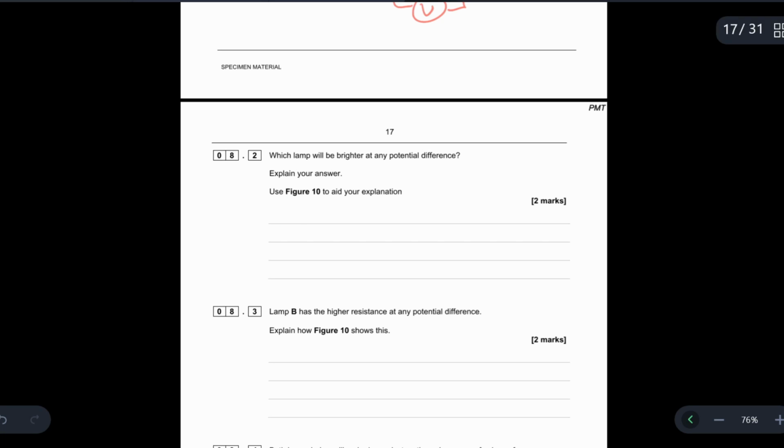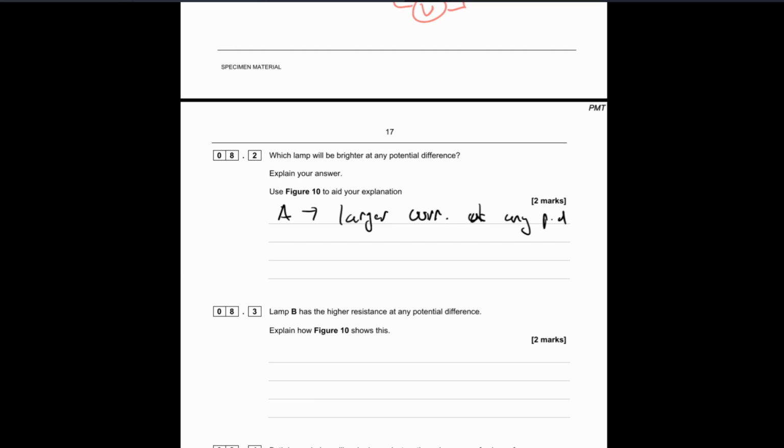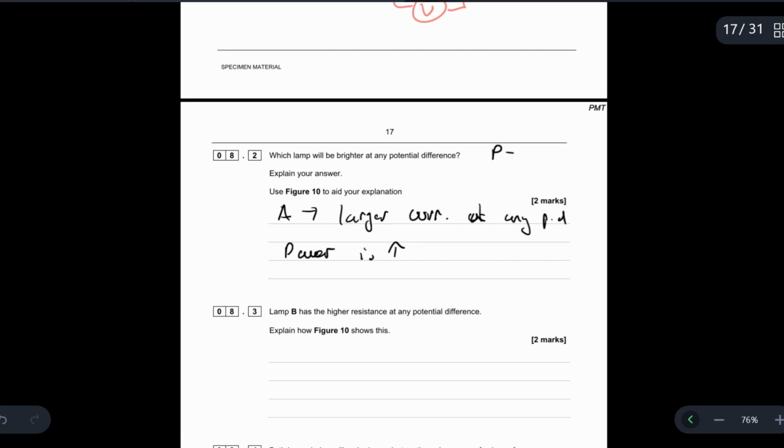And why is it going to be A? Because A has a larger current for the same potential difference. So a large current at any potential difference means that the power is going to be higher. Remember, the power is equal to your current times your voltage.